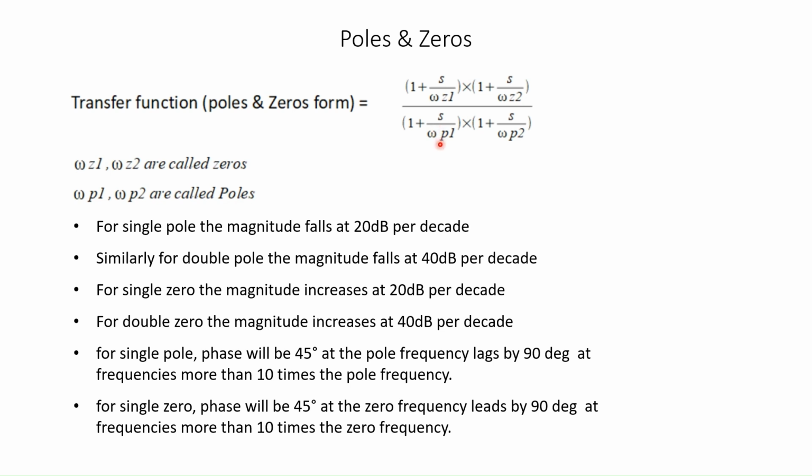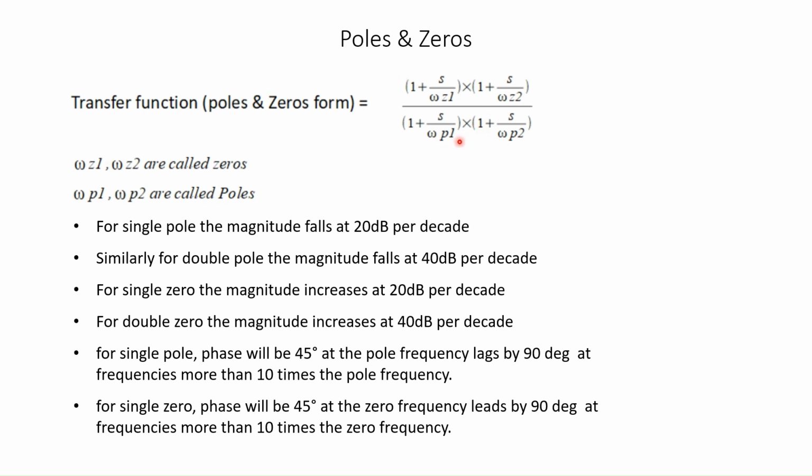After crossing the corner frequency, the 1 will be negligible and this term will have appreciable magnitude. So the magnitude will be falling at 20 dB per decade. And since omega p2, omega z1, omega z2 are higher frequencies, the effective magnitude of those terms will still be 1.